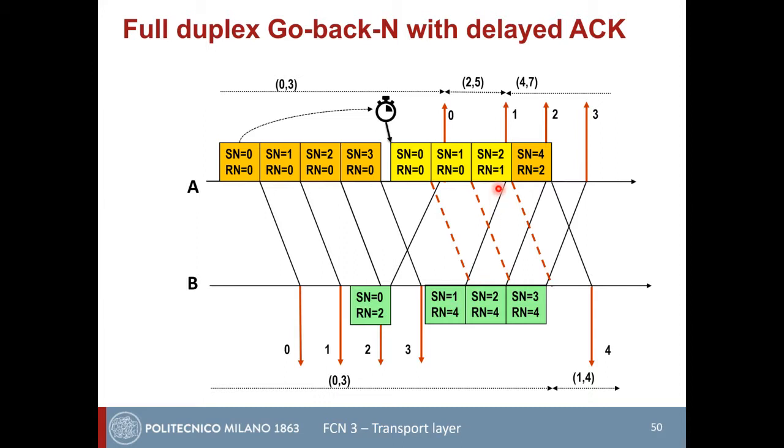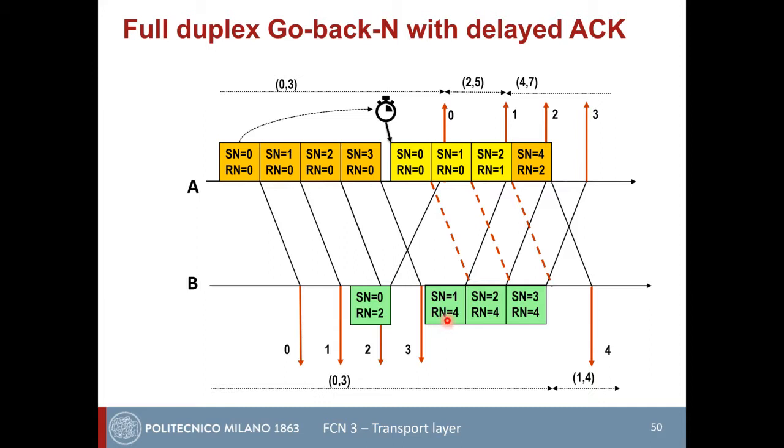And notice that this arrives in A before A has completely retransmitted the whole window. Because A was retransmitting, but at that time it had retransmitted only 0, 1, and 2.